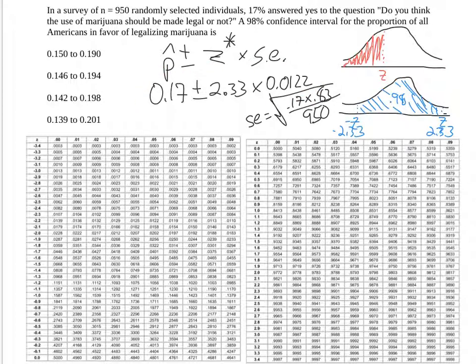And now we just find it. So we can simplify this a little bit. We can take 0.0122, multiply it by 2.33. So let's do that right now. 0.0122 times 2.33. That's going to give us approximately 0.028.